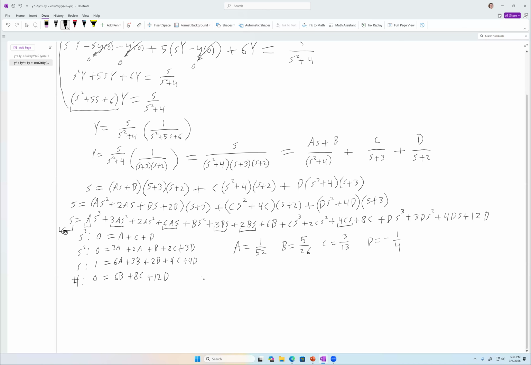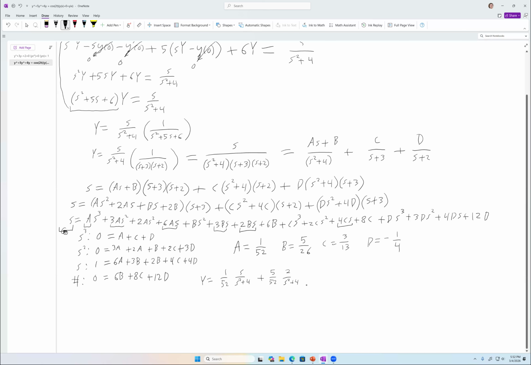So we're going to have our capital Y is equal to 1 over 52 times S over S squared plus 4, plus 5 over 52 times 2 over S squared plus 4. Does it make sense how I got that?